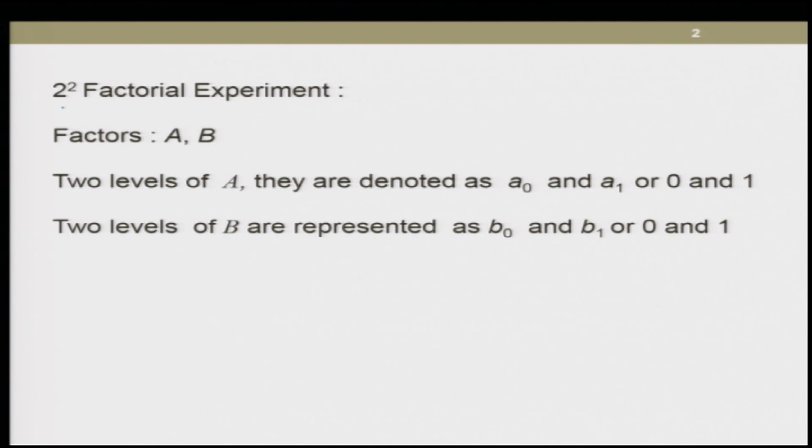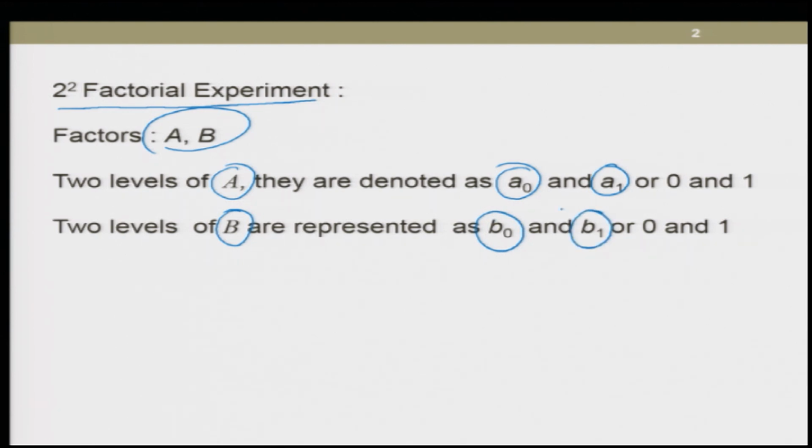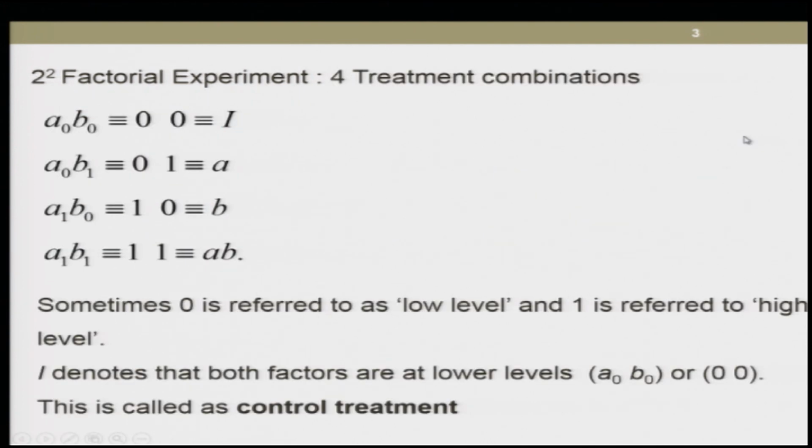In the last lecture we had considered a 2 square factorial experiment where there were 2 factors, capital A and capital B, and each of factor A and factor B had 2 levels, denoted by A0 and A1, and in case of B by small b0 and small b1, and equivalently these 2 levels were also denoted by 0 and 1 for the 2 factors A and B. We also had 4 treatment combinations: A0 B0, A0 B1, A1 B0 and A1 B1.